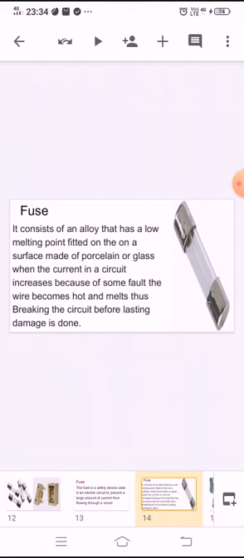When the current in a circuit increases because of some fault, the wire becomes hot and melts, thus breaking the circuit before lasting damage is done. After correcting the fault, the broken fuse wire should be replaced by a proper fuse wire and not by any other kind of wire.